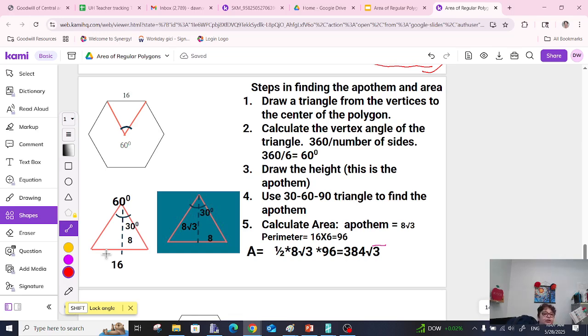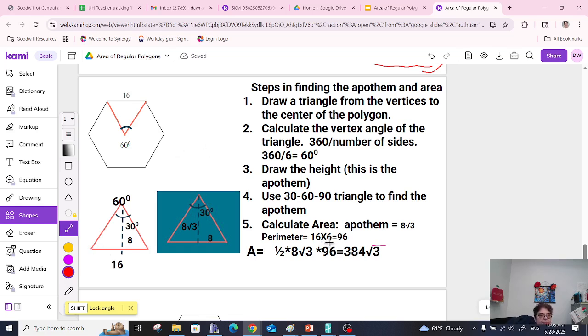Because you're cutting the triangle in half, half of 60 is 30, half of 16 is 8. And then you use your special triangles to find that the apothem is 8 square root 3. Once you have the apothem, you calculate perimeter by taking 16 times 6.